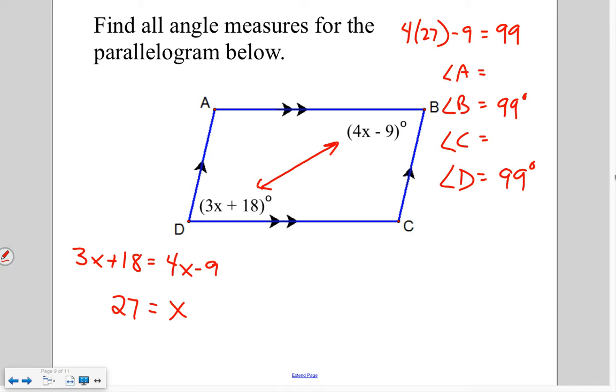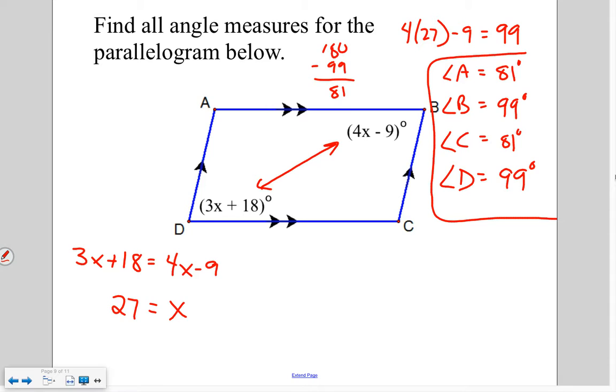Well, 180 minus 99 is 81. So these two angles would be 81 degrees. And as I stated earlier, not drawn to scale because this is actually B just drawn as an acute angle and it ends up being 99 degrees. So not drawn to scale, but for what we were given, these are the solutions.